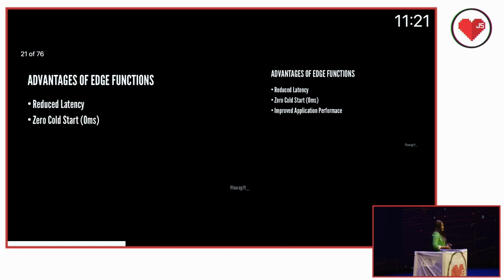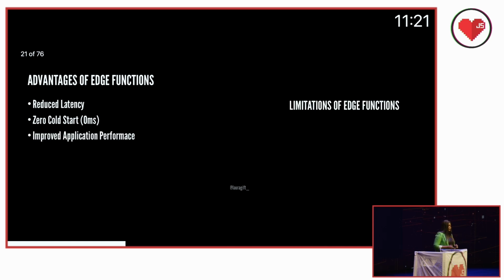Second, zero cold starts. And this is also another big thing. With serverless functions, we had the problem where it takes a bit of time for your functions to load after being idle for a while, but you don't have that problem with edge functions. And I'm going to explain how at Cloudflare we've solved this problem later on in the slides.